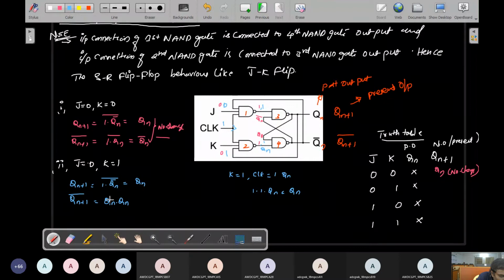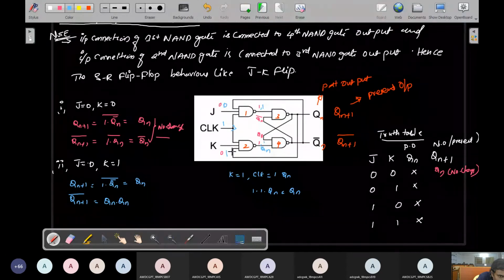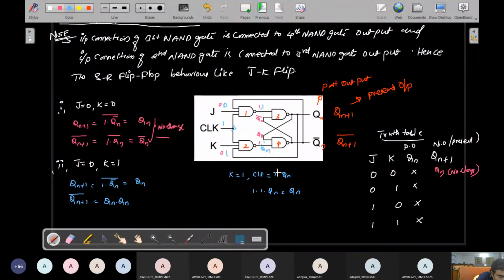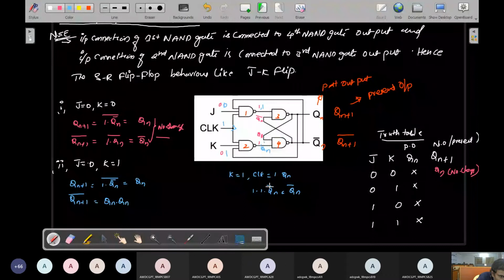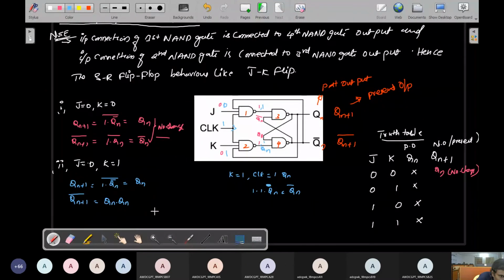So you will get Qn bar, because the output of the second gate is connected to it, and there is a bubble, that's why its output is Qn bar.